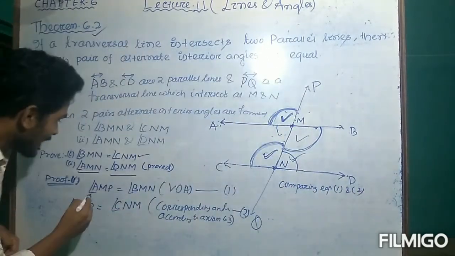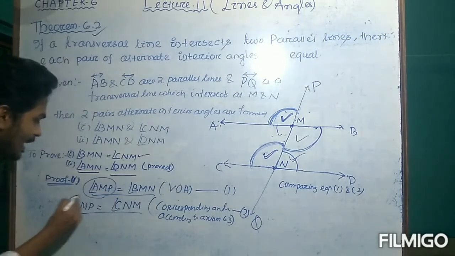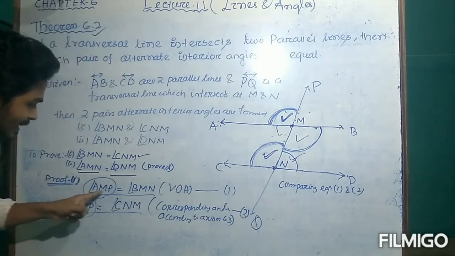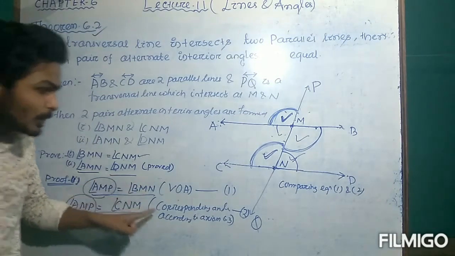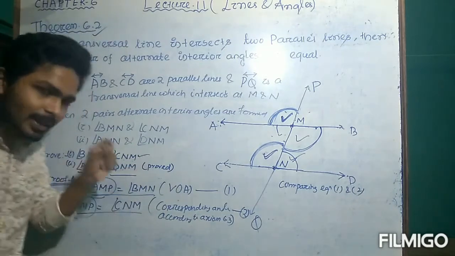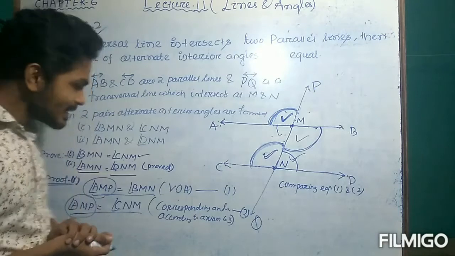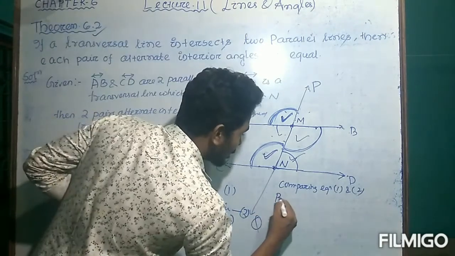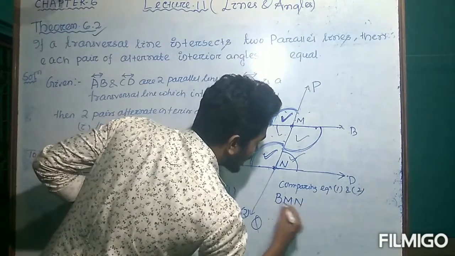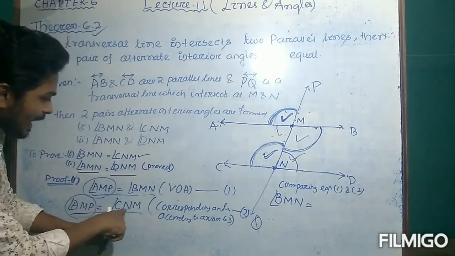Now you can see in equation 1 and in equation 2, the left hand side is equal. Here the left hand side is angle AMP, here also angle AMP. And we know if in two equations the left hand sides are equal, then their right hand sides must be equal. Hence we can write the right hand side of equation 1, that is BMN, is equal to the right hand side of equation 2, that is CNM.